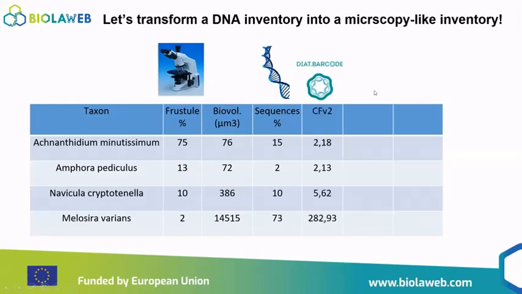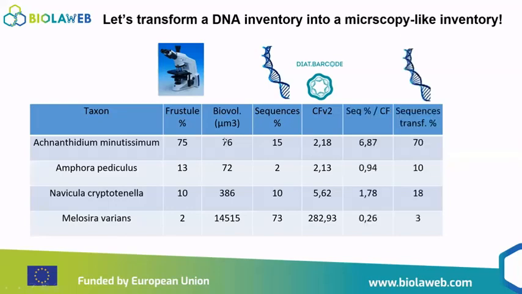So you have to look for the correction factor in Diatom for each species. You see a small correction factor for Achnanthidium minutissimum and Amphora pediculus, which are small species, and a big correction factor for Melosira varians, which is a big species.